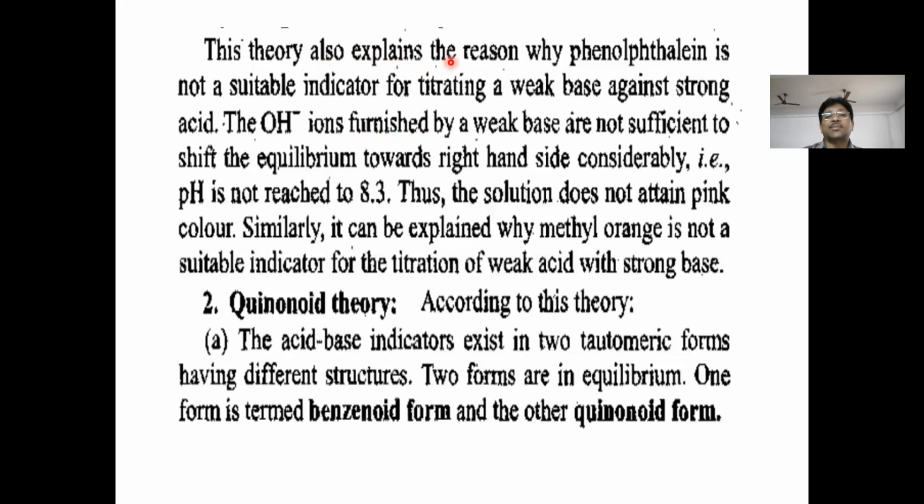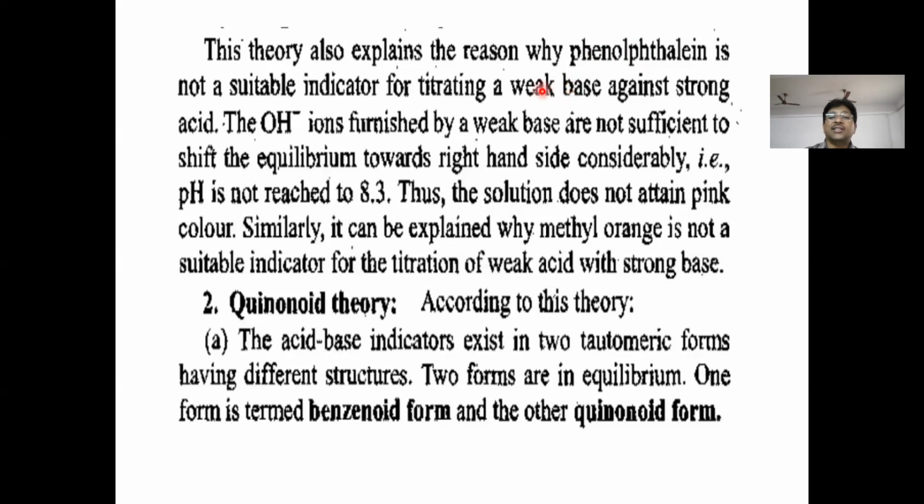This theory also explains the reason why phenolphthalein is not a suitable indicator for titrating a weak base against a strong acid. When the titration is between a weak base and a strong acid, we cannot use phenolphthalein, because phenolphthalein is itself a weak acid.